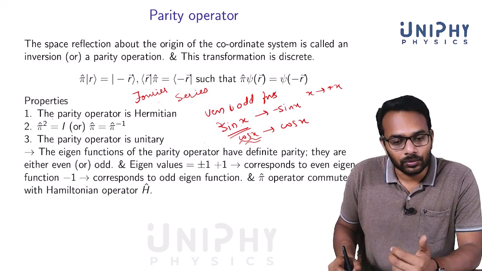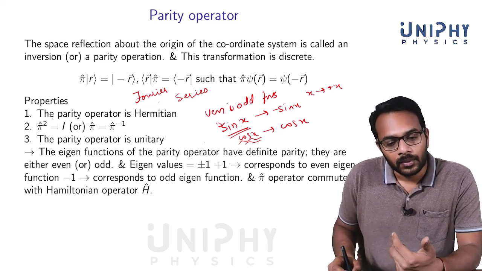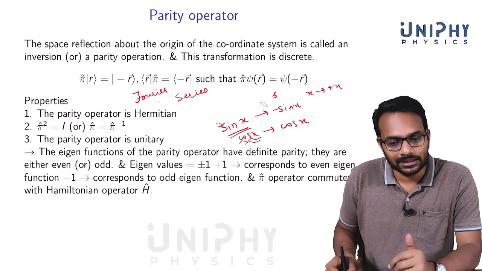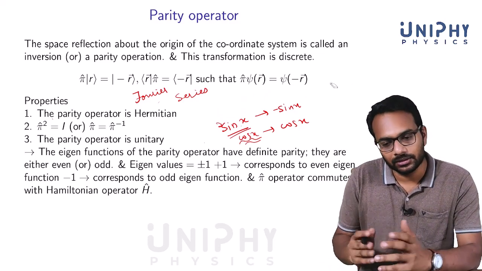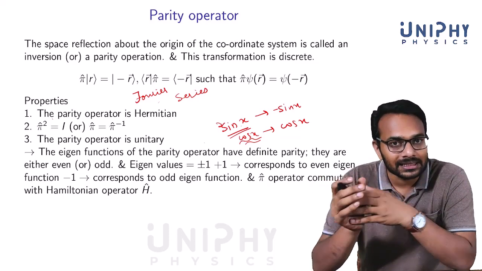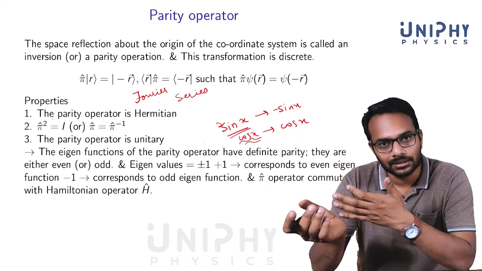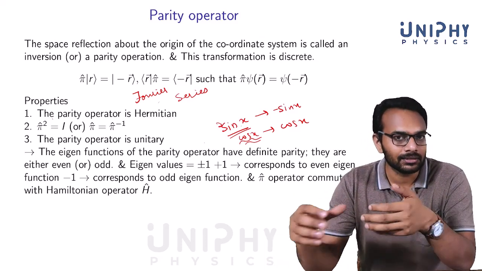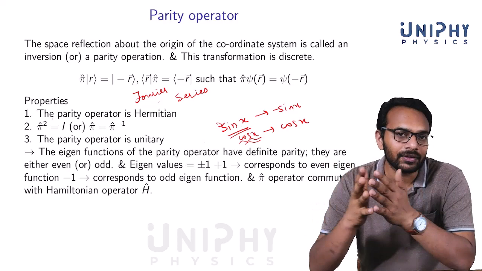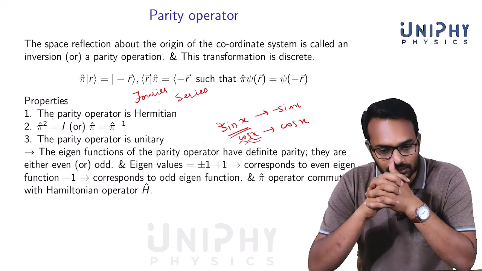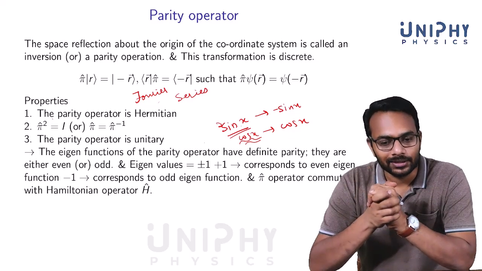So you are actually learning something called the Fourier series from here. Let's not worry about the details. What you do there is expand any function in terms of sine x and cos x. Sine x and cos x form a complete set, a basis. You can expand any function in terms of this set of basis vectors, the eigenvectors of the parity operator.